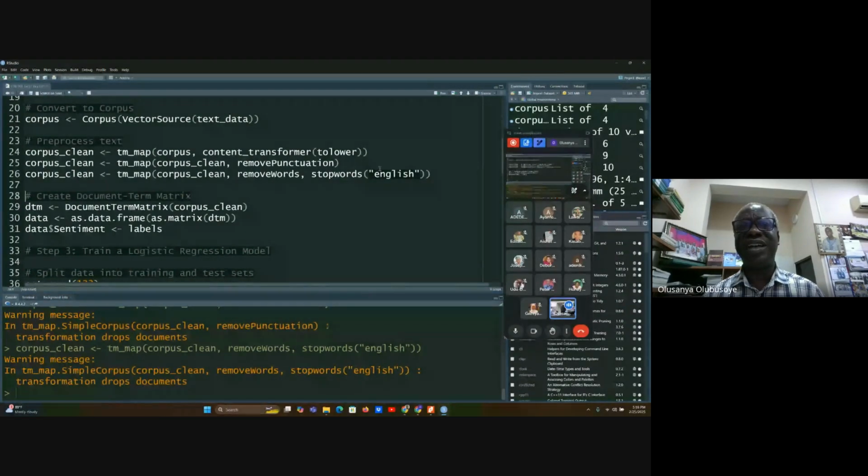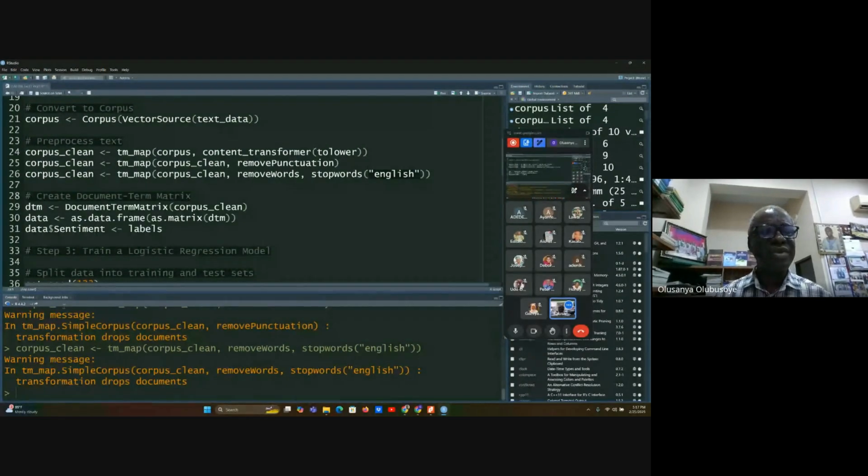This is using the English dictionary to address the stop words. That's why you see here. If we are using corpus, anyway, I don't want to emphasize that at this stage.